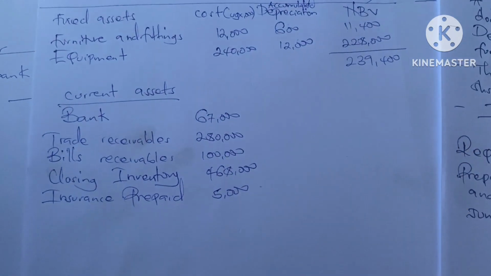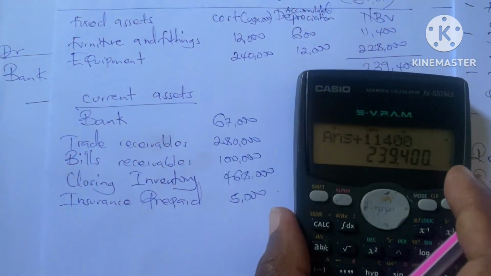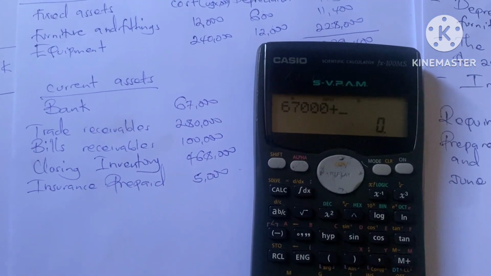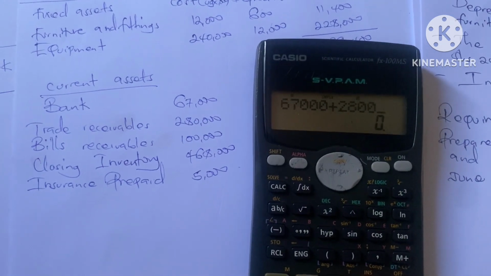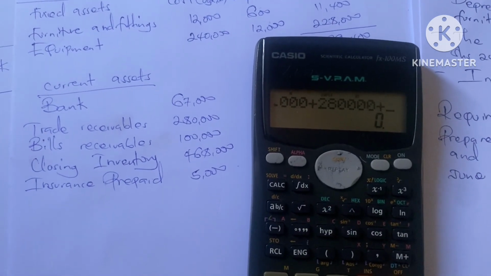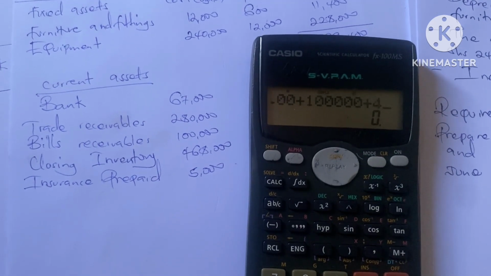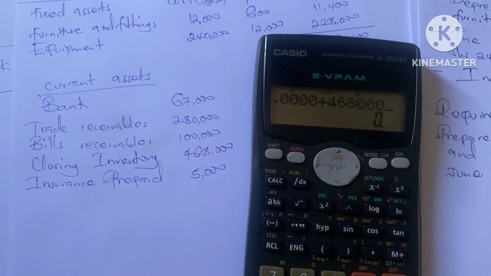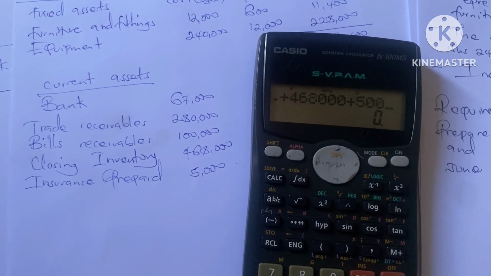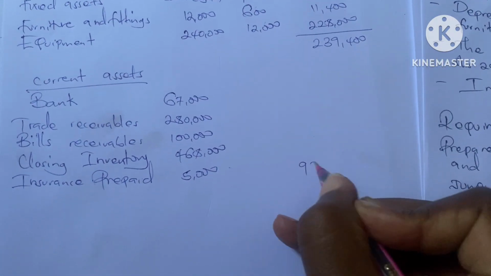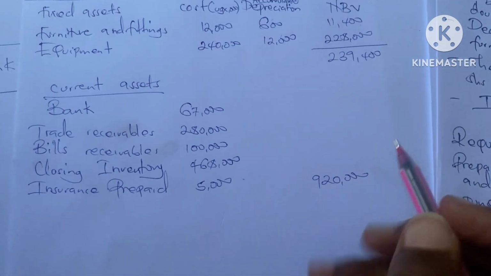So we get the total of the current assets. So 67 plus 280 plus 100,000 plus 468,000 plus 5,000, 290,000.